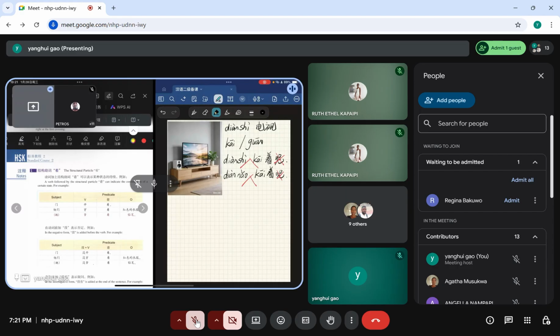So now we can see my microphone is on, right? Here I also use the verb 开.